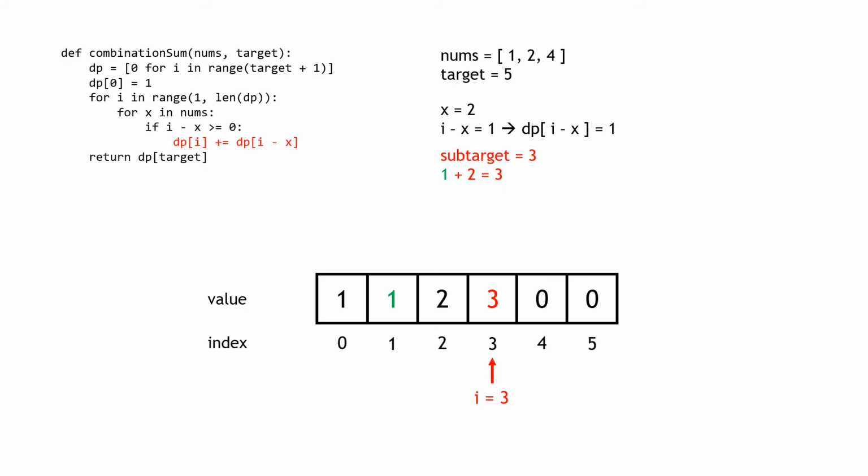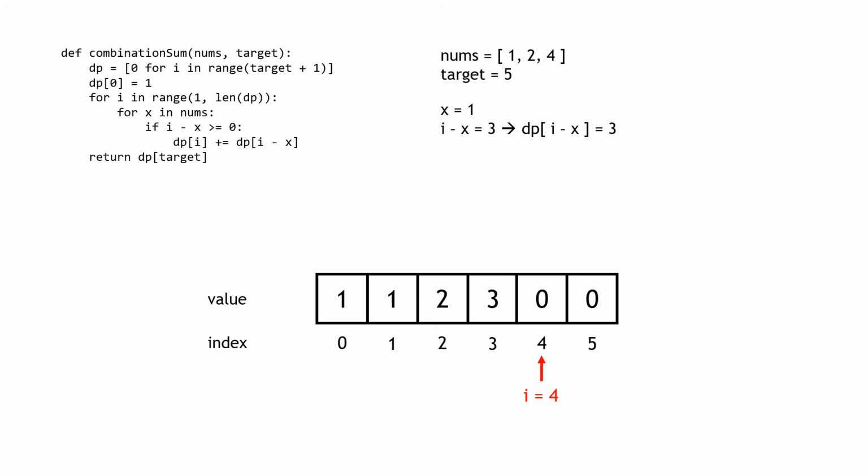So for all possible combinations of summing to 1, if we add 2 to those combinations, we'll get a sum of 3. In this case, there's only 1, and this represents the combination of 1 plus 2, equaling our subtarget of 3. Now we move on to the final number, which is 4. Now I minus x is less than 0, and this once again means we overshot, so let's move on to the next iteration where I equals 4.